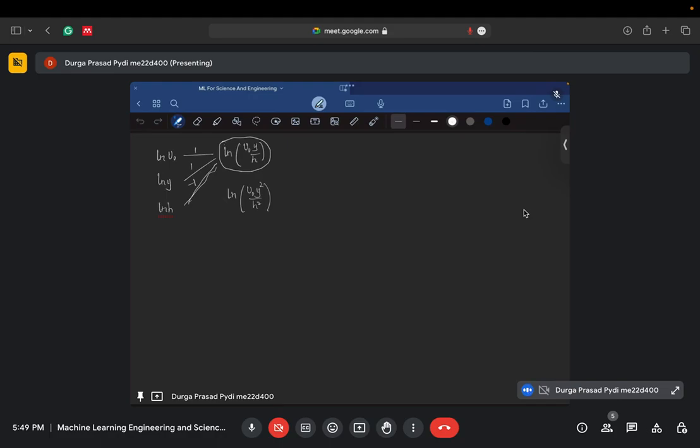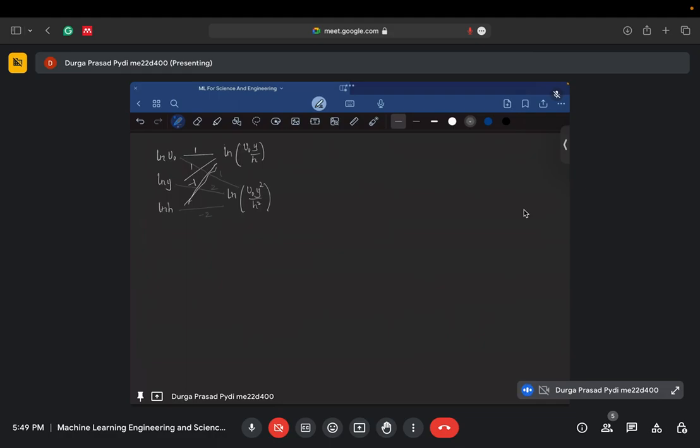And for the other one, let's say I have minus 2, and maybe I should use a different color. Maybe it's not visible, but I think you can appreciate what I'm trying to do.